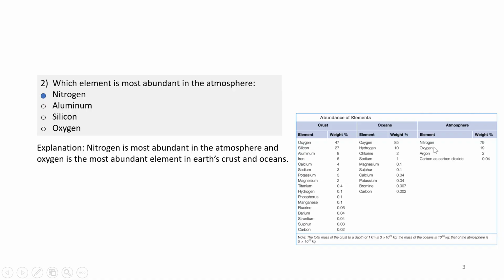Oxygen is second highest, 19%. Argon is 2%. Carbon dioxide is 0.04%. Okay, so nitrogen is most abundant in the atmosphere and oxygen is the most abundant element in Earth's crust and oceans.